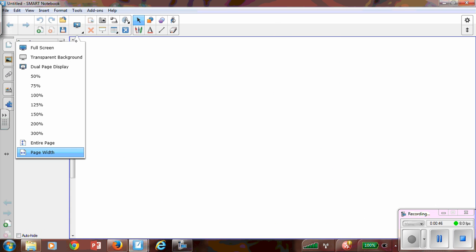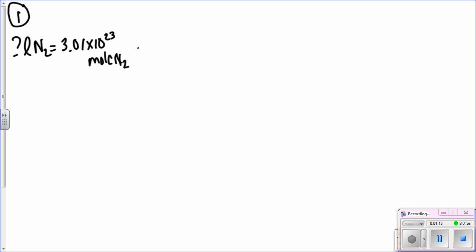So let's take a look at problem number 1. In number 1, it wants to know how many liters of nitrogen are in 3.01 times 10 to the 23rd molecules of nitrogen. So we're starting in our molecules box.